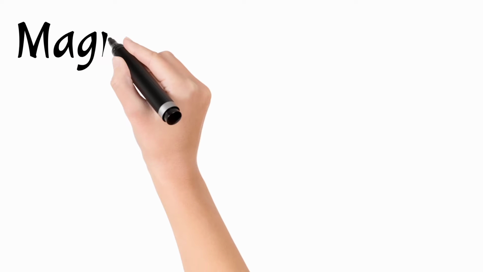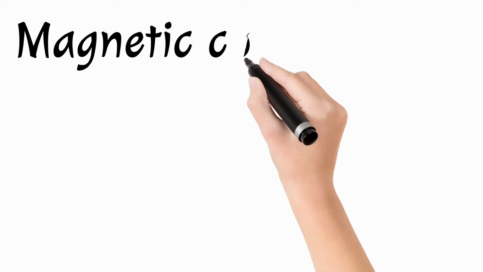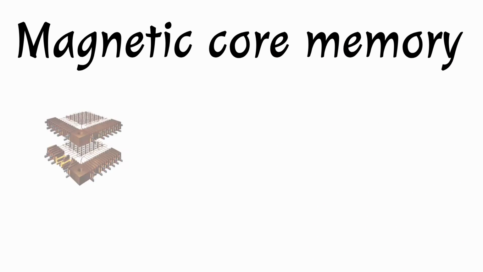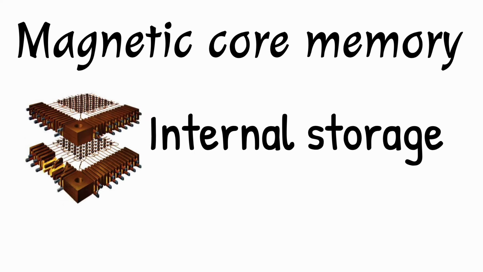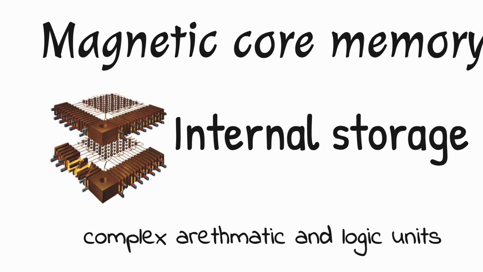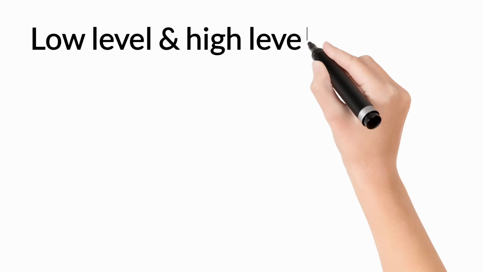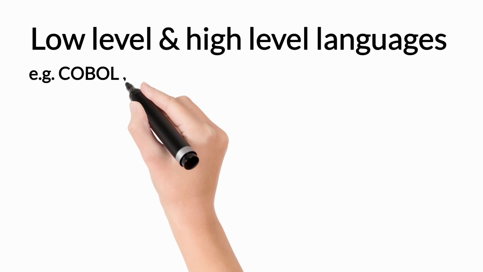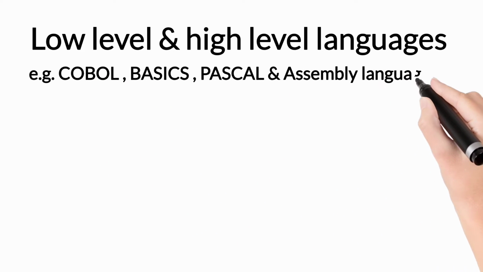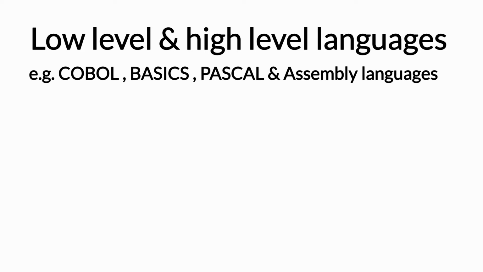As compared to first-generation computers, second-generation computers used magnetic core memory as internal storage. They enjoyed more complex arithmetic and logic units, and the use of low-level and high-level programming languages such as COBOL, BASIC, Pascal, and assembly language.